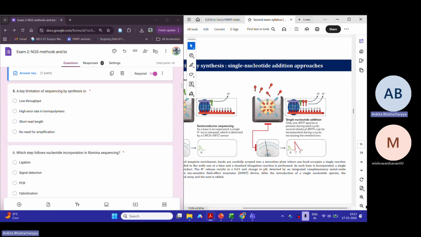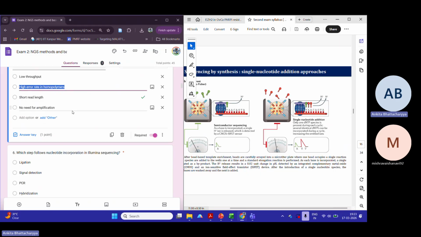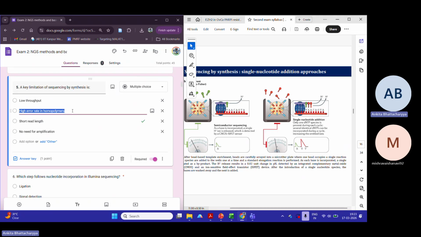So when we talk about sequencing by synthesis, where can you have a disadvantage? Low throughput, high error rate, short read length, or no need for amplification. Now, this fourth option is obviously not true. Template amplification is an important aspect of this. Low throughput also is not really a problem because massively parallel sequencing is something that is taken care of by all of these strategies.